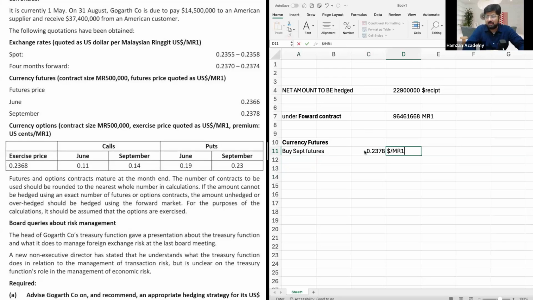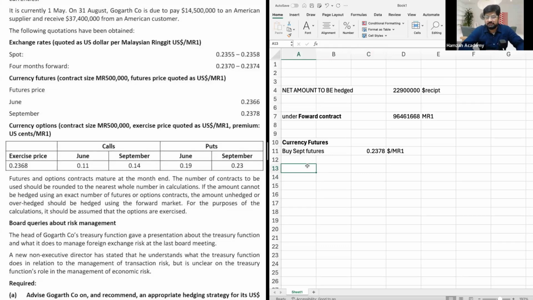Students, MR1, always mention the currency along with the name of the question. Remember that. Always mention. Now, so buy September futures.